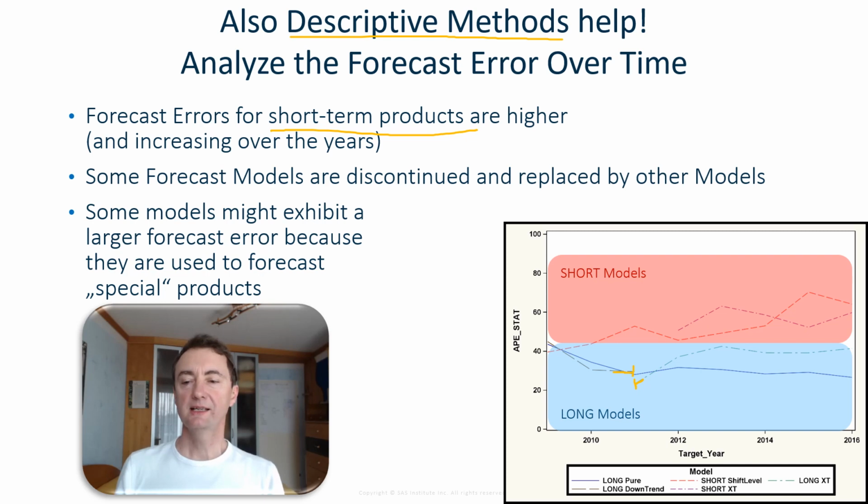We also see that some models might exhibit a larger forecast error compared to other models, not because they are worse forecast models, but maybe because they are very good at forecasting specific, very difficult products, and thus exhibit a larger forecast error because they are applied in more complicated cases.